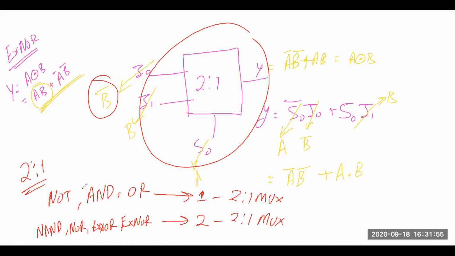So till now we have seen that we can use the 2 is to 1 multiplexer as a universal multiplexer also. If we can express NOT, AND, OR, NAND, NOR, XOR, XNOR, we can realize any expression with the help of a 2 is to 1 multiplexer.